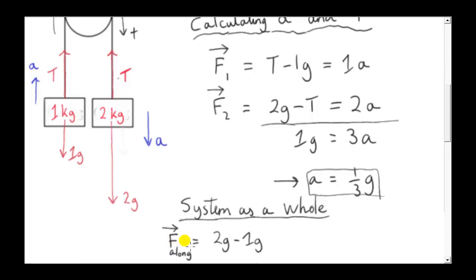So the resultant force on the system along the string is 2g minus 1g, and if we apply Newton's second law, we put the resultant force along the string equal to the mass of the system, which is the sum of these two masses, that's 2 plus 1, which is 3, times the acceleration of the system, which is a. So we get the same equation as we got up here.